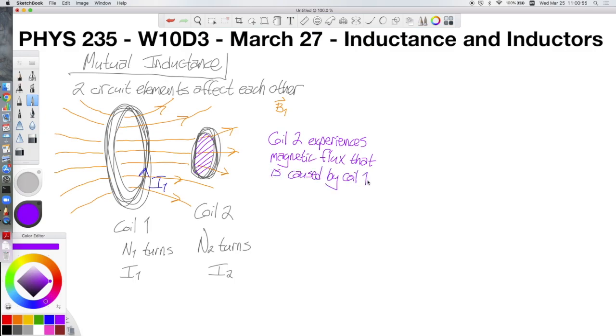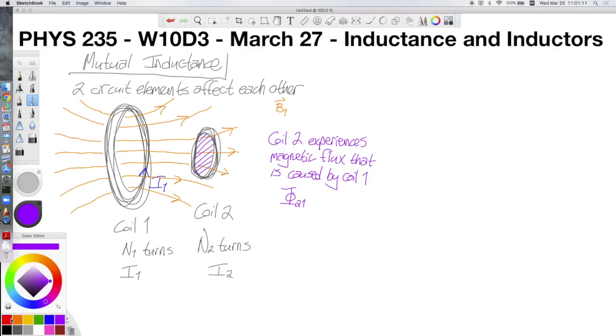And this flux that coil 2 experiences caused by coil 1, we're going to call phi sub 2,1. Well, then the same thing also happens in reverse.